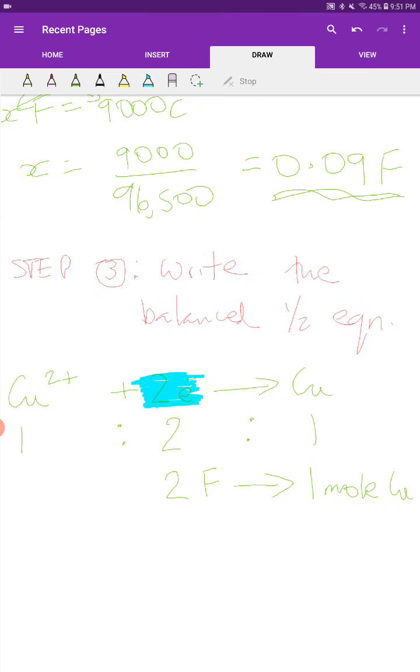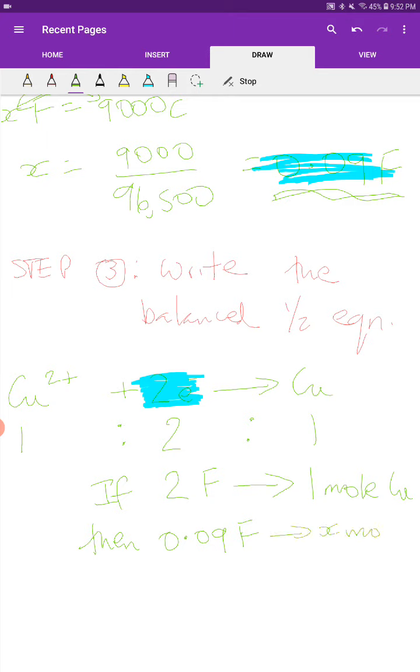But based on our question, based on the amount of current that we use, and based on the length of time, the charge that we have is not 2 Faradays. The value that we have is 0.09 Faradays. So what that means is that if 2 Faradays give us 1 mole of copper, then 0.09 Faradays is going to give us X moles of copper.